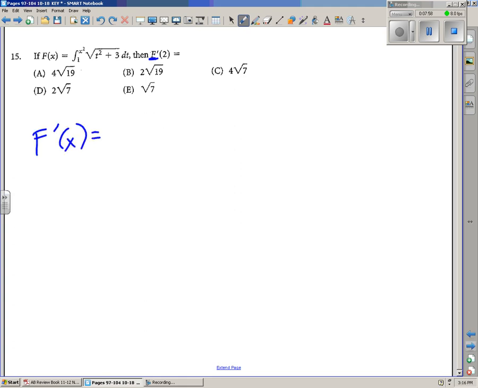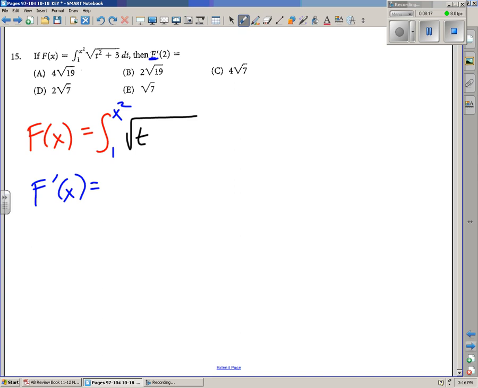The way to do that, so let me actually write this out. If I have my integral, the integral from 1 to x squared of the square root of t squared plus 3 dt.